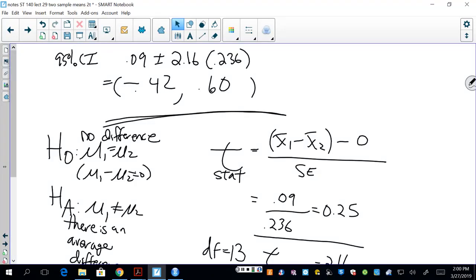So based on this, you can say 0 difference is plausible, is believable, because that interval includes 0. Anything in there might be the truth. We generally think it's closer to 0.09. 0 is pretty close to that. That would be consistent.